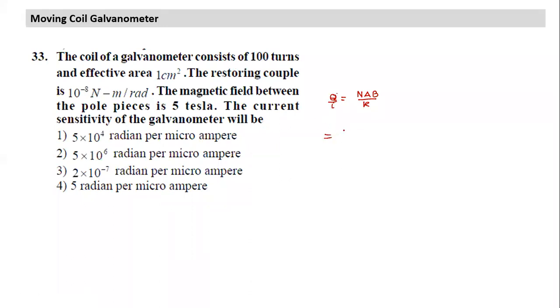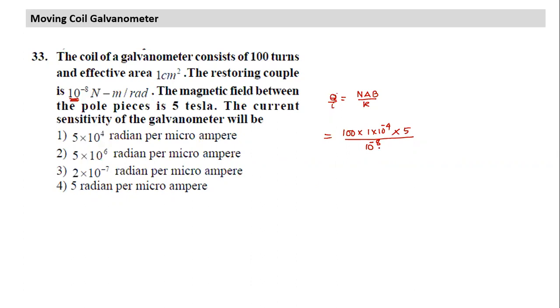It's 100 turns. Area is equal to 1 into 10 to the power minus 4, all in SI units, 5 Tesla. And what is this term here? This is the unit of K, the torsional constant. And this is also in SI units, so no problem. You can just substitute as it is.